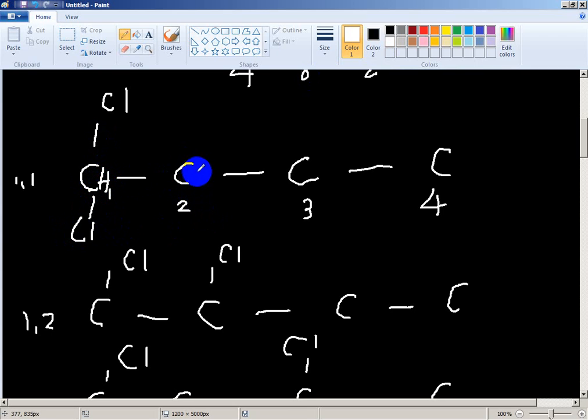This carbon, how many hydrogens? 2 bonds already, it can form 4 bonds, so it will form 2 more bonds with hydrogen. 2 are here, and here 3 hydrogens.